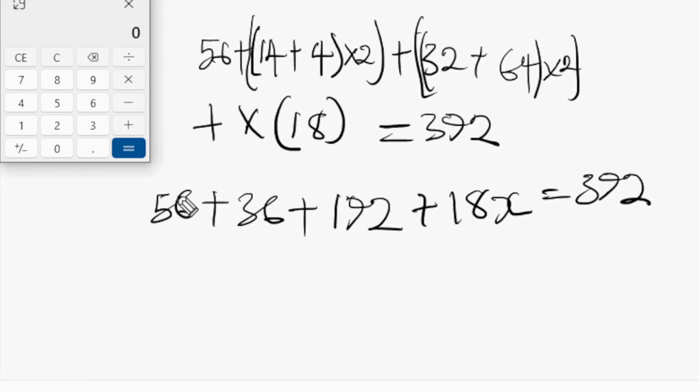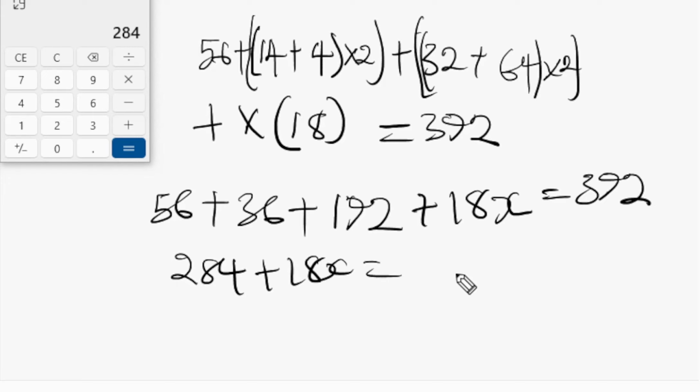So guys, at this point you can add 56, 36 and 192. So 56 plus 36 plus 192 will give us 284. So 284 plus 18x is equal to 392.